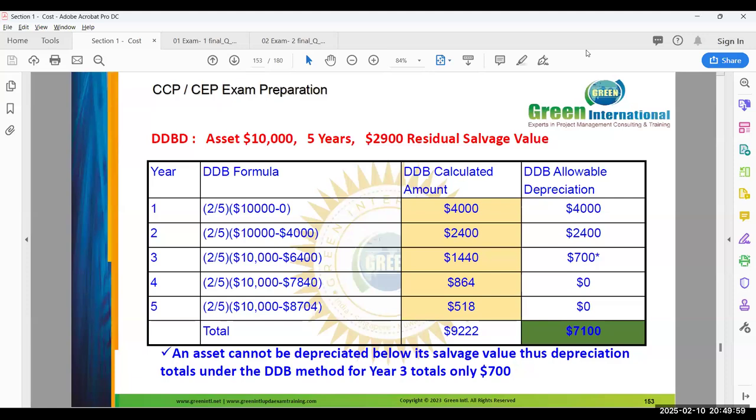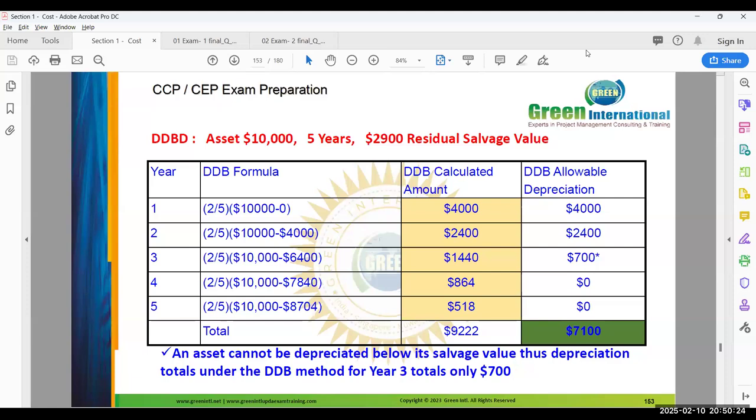So with the double declining method, 4,000 is the maximum depreciation for the first year. Understood? Okay. So second year, 2 by 5 times 10,000 minus 4,000, because last year's depreciation was 4,000. So the maximum depreciation amount is 2,400.